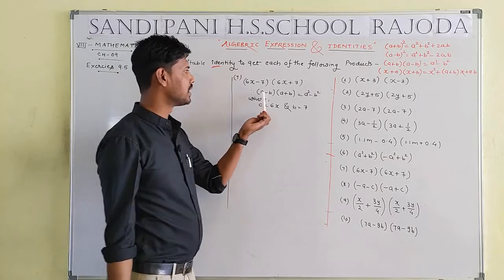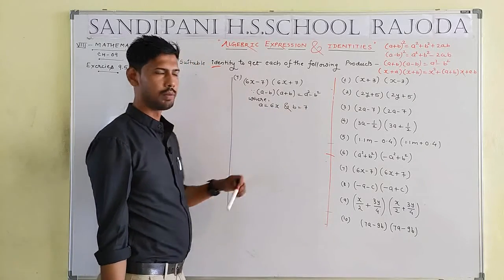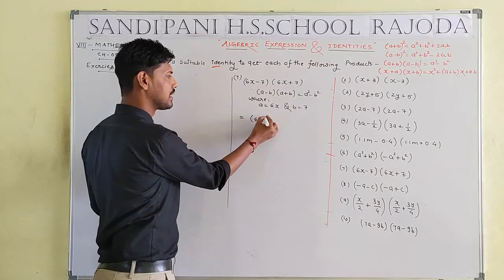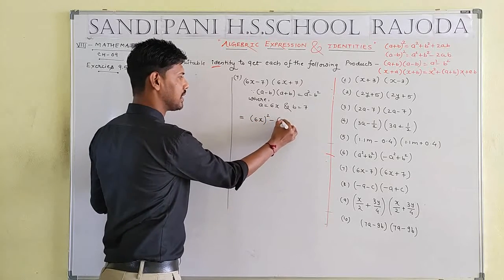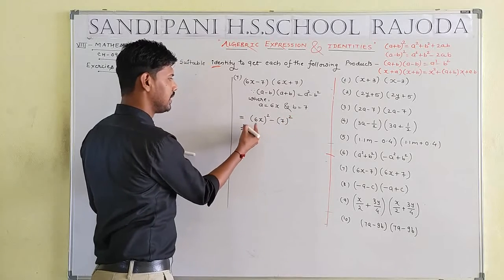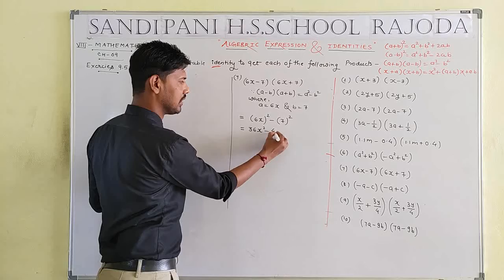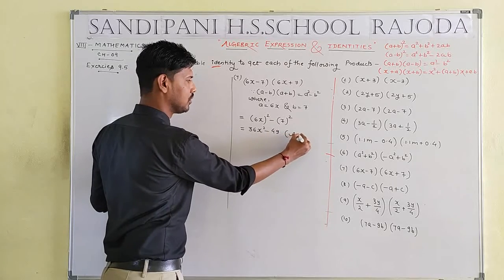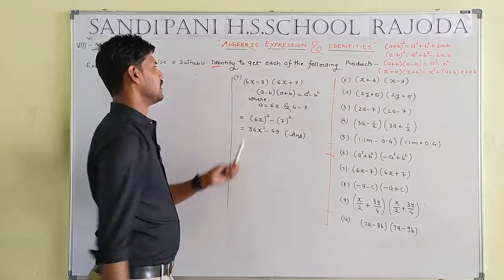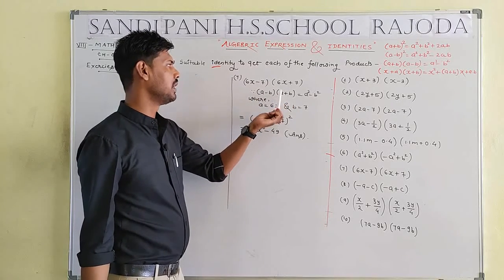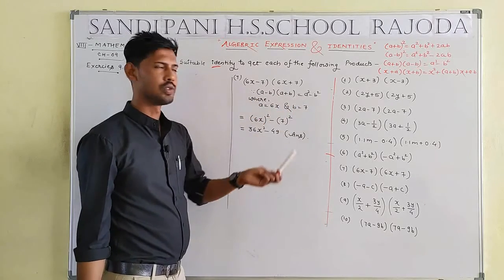Okay student, a minus b, a plus b will be equal to a square minus b square, such that we can write it in the form 6x whole square minus 7 square. 6 sixes are 36 and 7 sevens are 49. Okay student, 6x minus 7, 6x plus 7, a minus b, a plus b will be equal to a square minus b square.